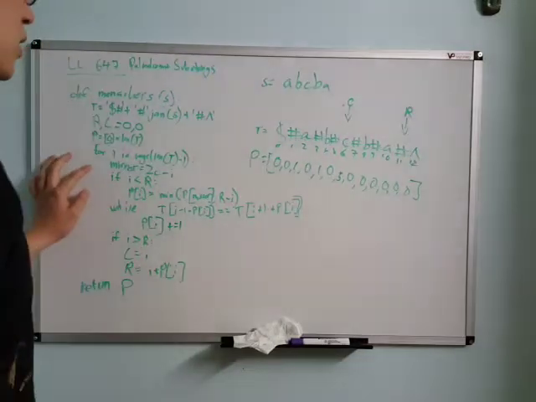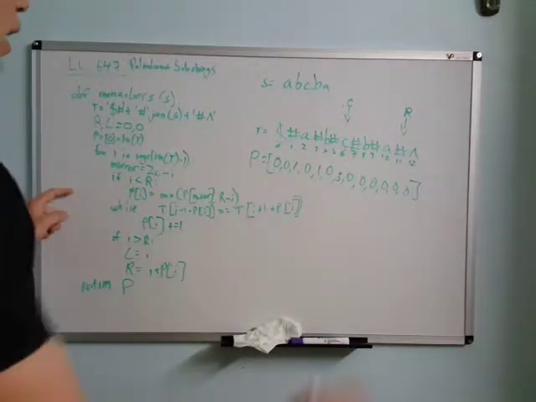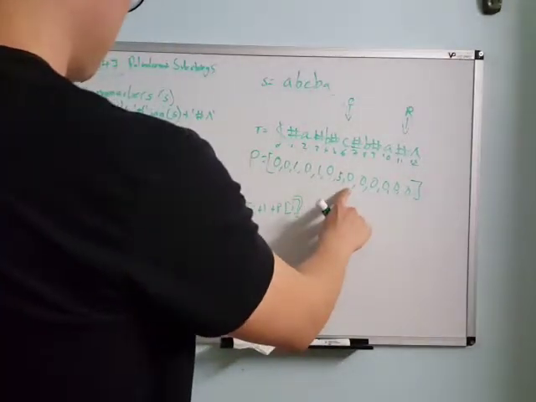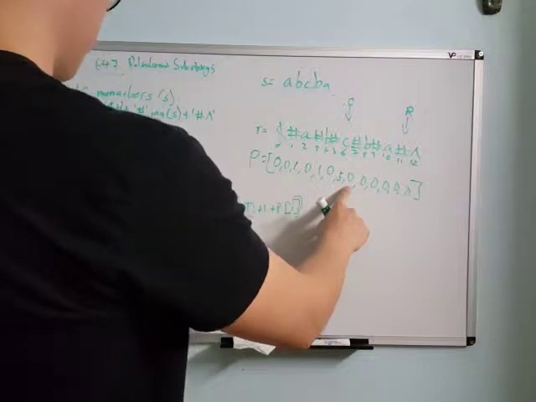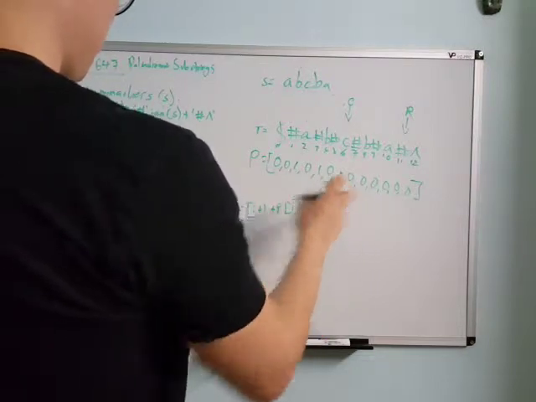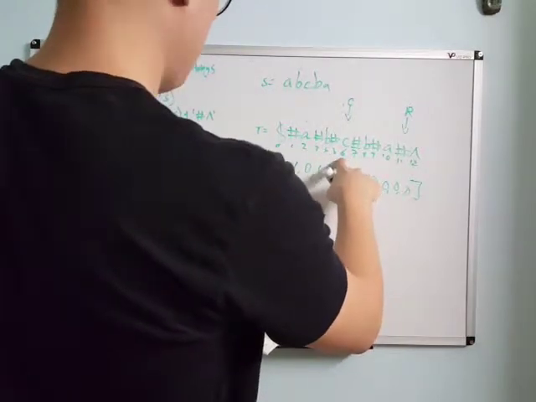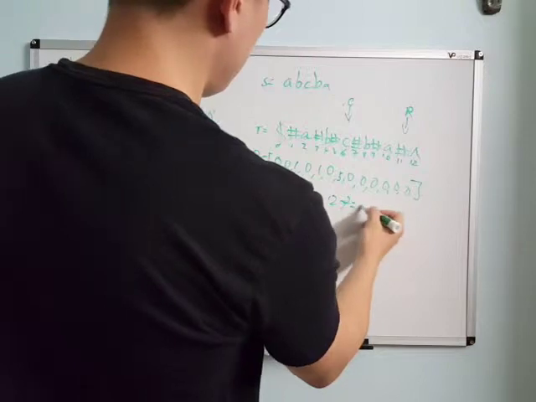So I in range. So now we're at here. I is 7. I is less than R. So P of I is equal to the minimum of P of mirror. So the mirror would be 2C minus I. So it would be 12 minus 7, which is 5, right?